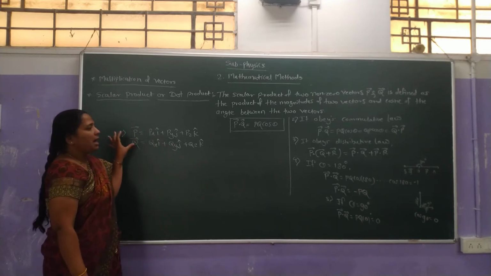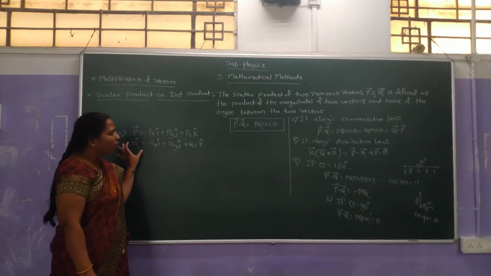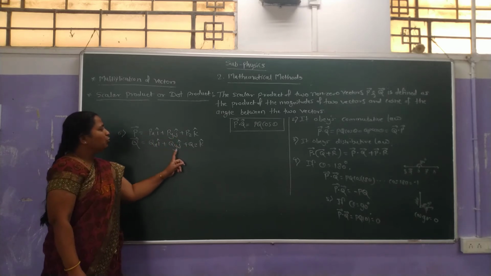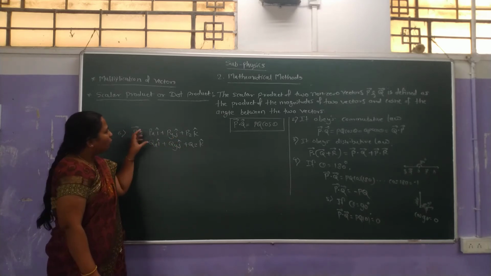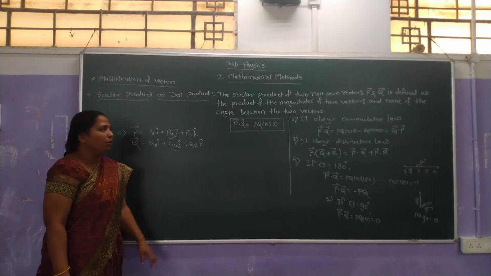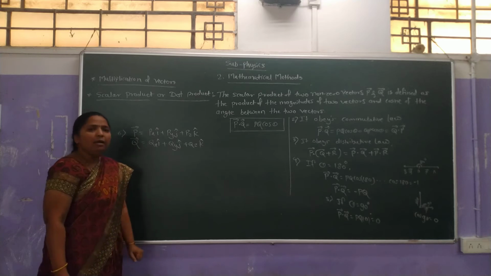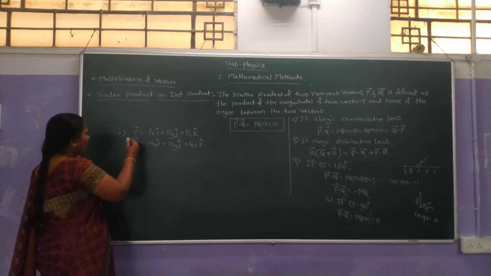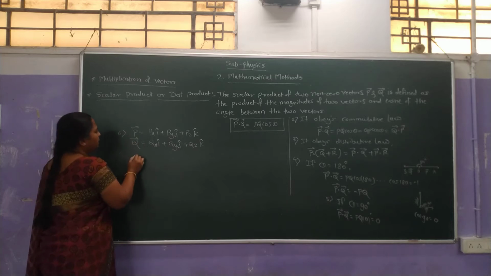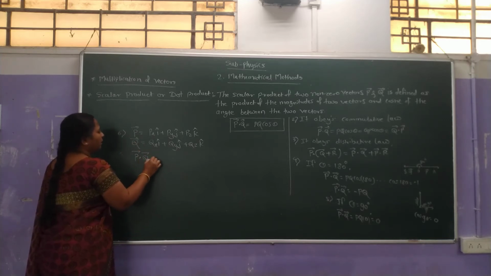Px, py, pz and qx, qy, qz are the components along the x, y, z axes respectively of the two vectors p and q. Therefore, the dot product means p vector dot q vector.